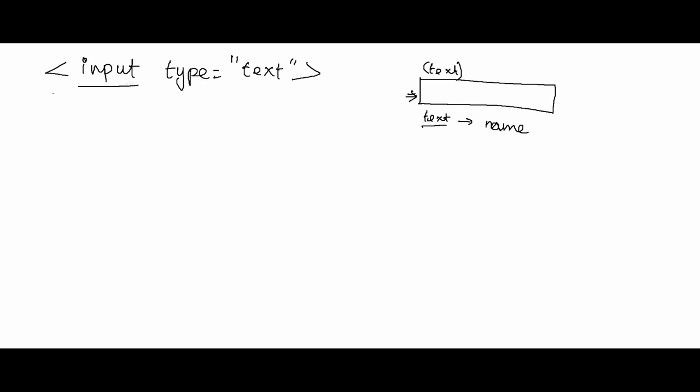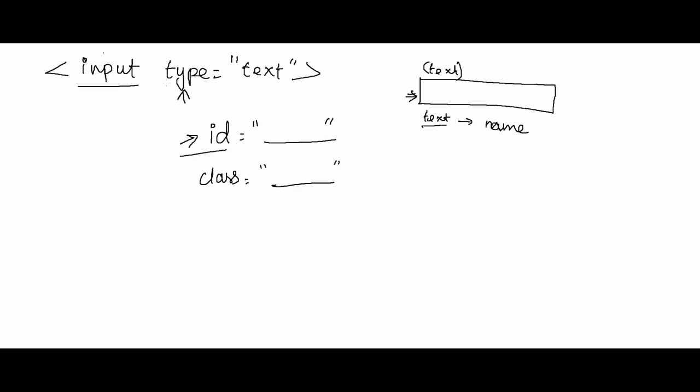So this input tag has the attributes name and type, the main attributes. We have another attribute, ID equal to some name. We can use class equal to a class name.